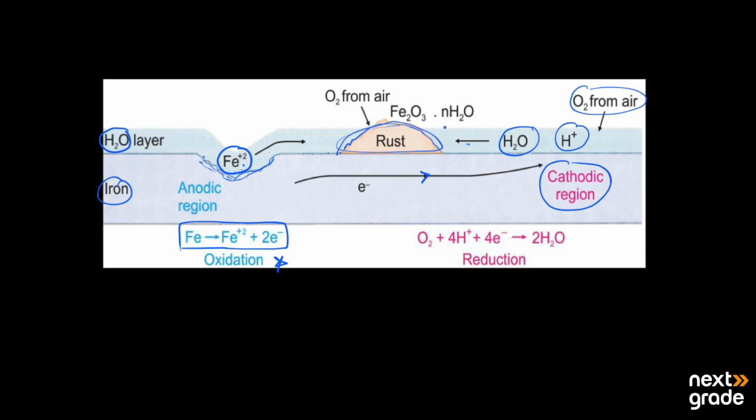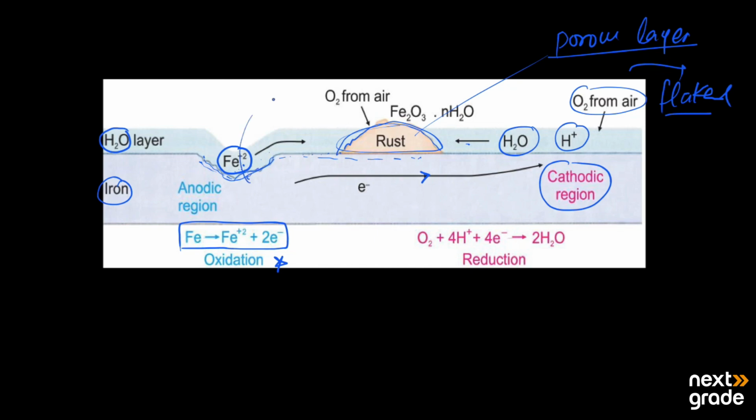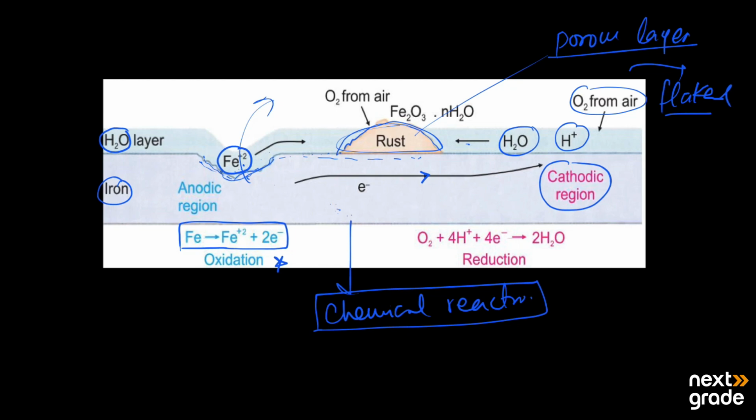Now this rust is basically a porous, weak layer. It flakes away from the surface of the metal, leaving behind the next surface for more formation of rust. In this way, the whole metal is eaten away by this redox reaction, and it may become unstoppable until we provide some prevention measures over the metal surface.